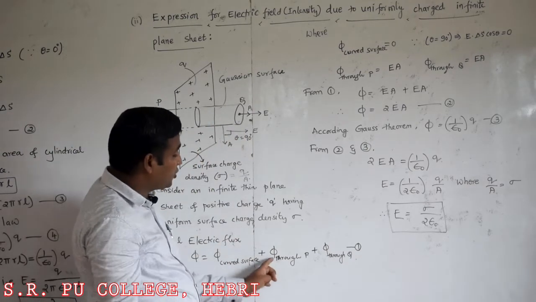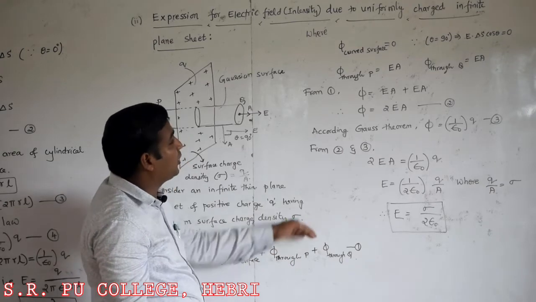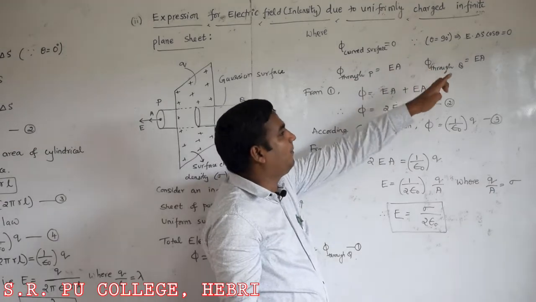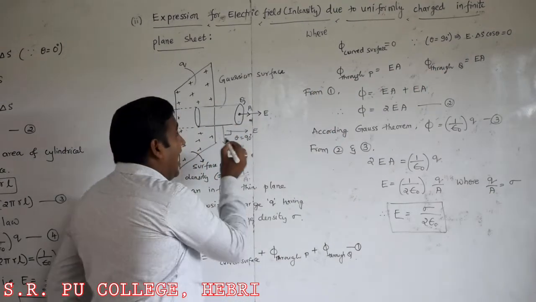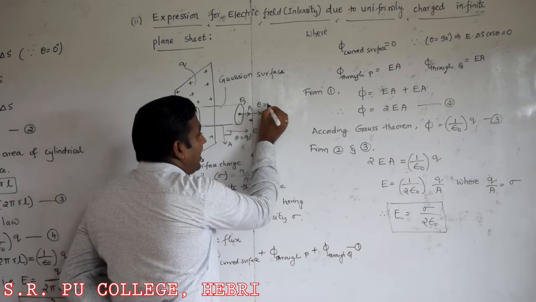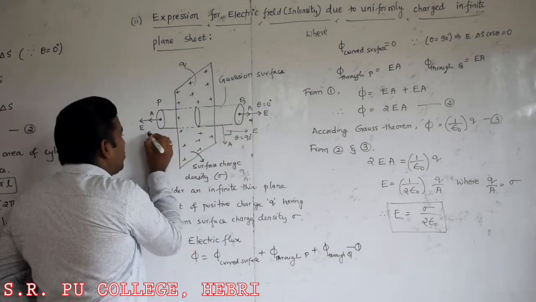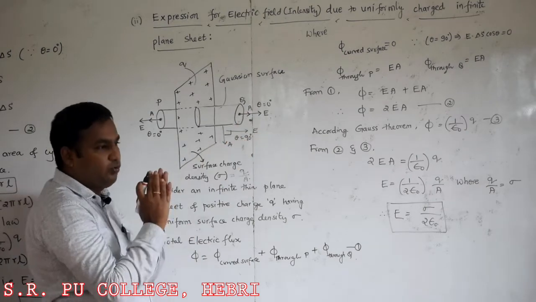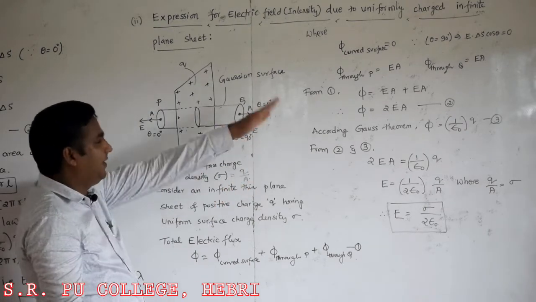Second point, flux through P and flux through Q. In both cases, the angle between area vector and electric field, theta, is equal to 0 degrees, because area vector and electric field are both acting along the same line.